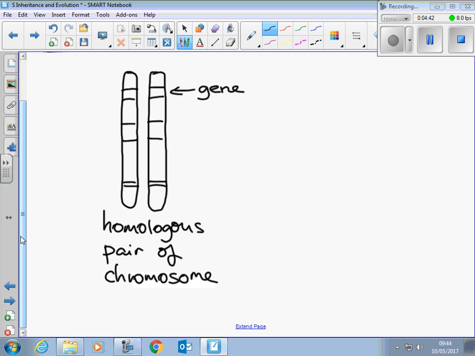So that location is known as a locus, at a specific locus, or location is what that means. So you can identify the position of a gene. Now, any of you doing a genetic condition for your presentation will need to show a diagram of a chromosome identifying the locus of the gene that you're looking at. That's a gene for a particular protein.